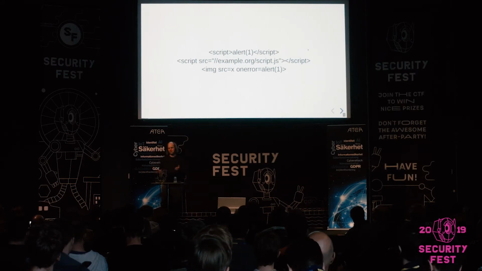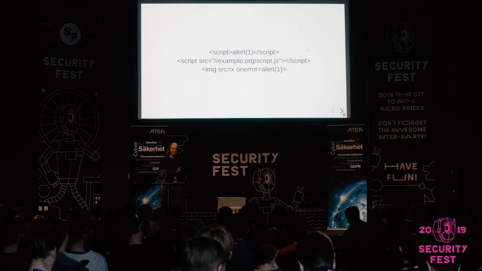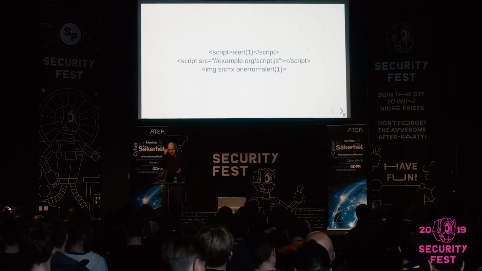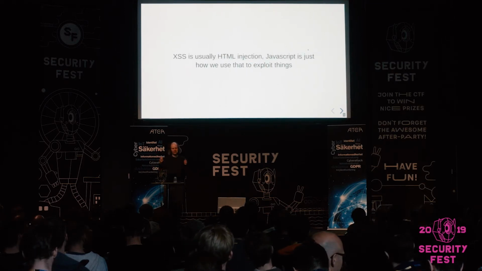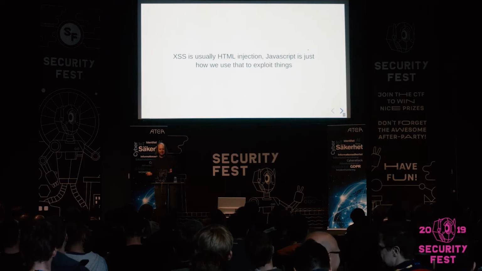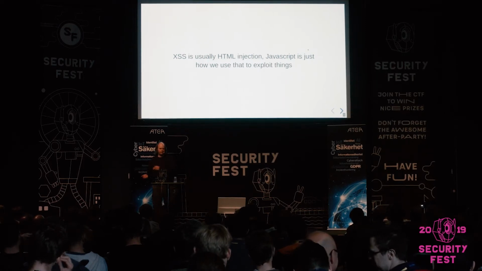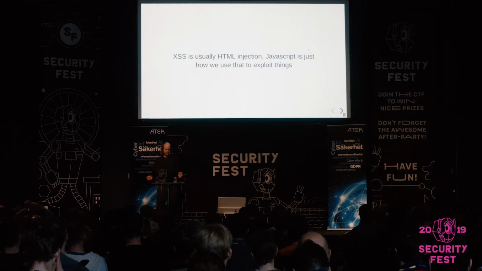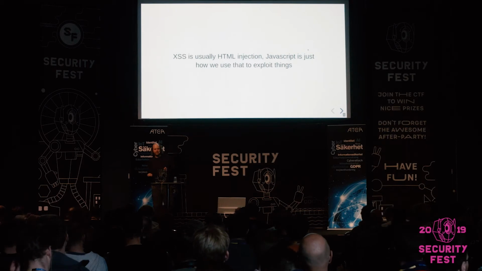But what all of this has in common is that we have some HTML code that is either including or referencing JavaScript. So really, the way to think about XSS is not JavaScript injection, it's HTML injection. JavaScript is essentially just the thing we use later to make this a security vulnerability, to exploit things. But really what we're talking about is HTML injection.